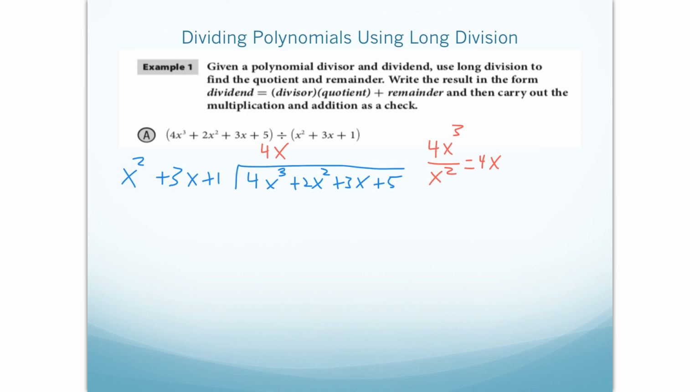Then we're going to multiply it by x squared plus 3x plus 1. So that leaves us 4x to the third plus 12x squared plus 4x. So we're going to write that right here below the original problem.